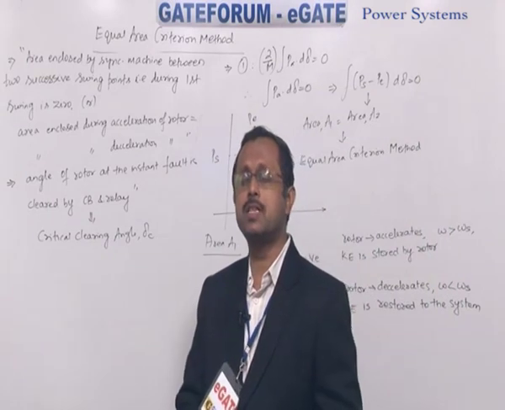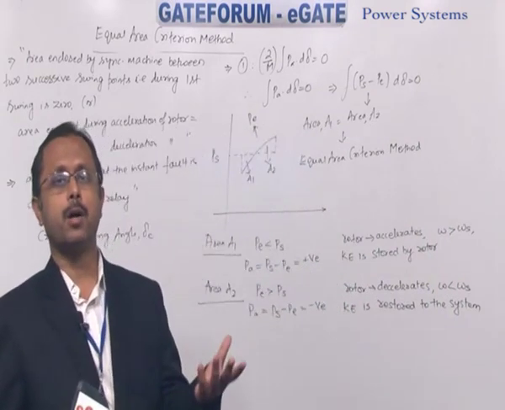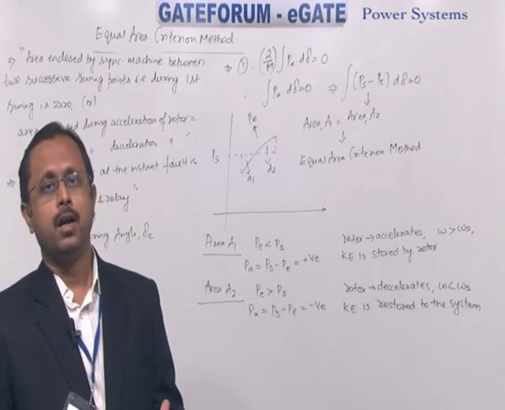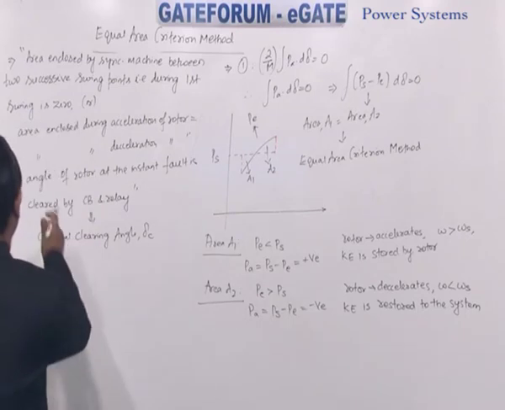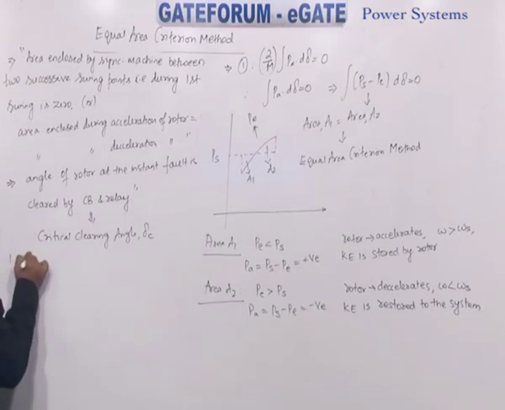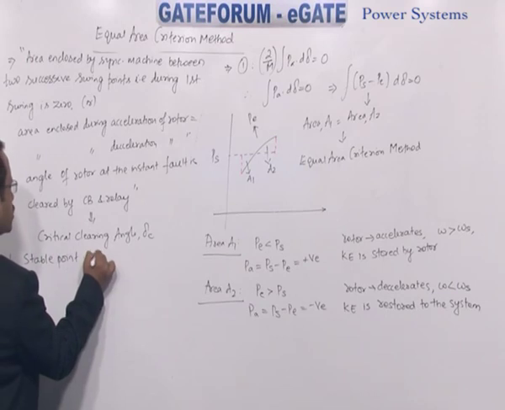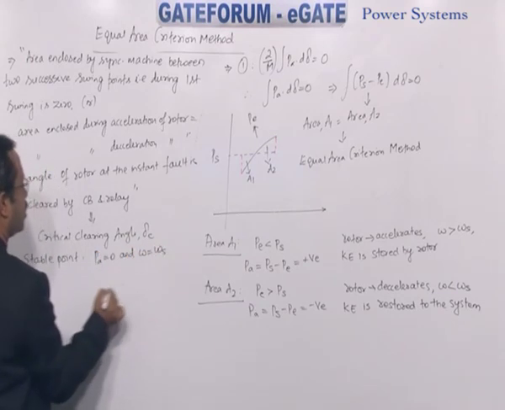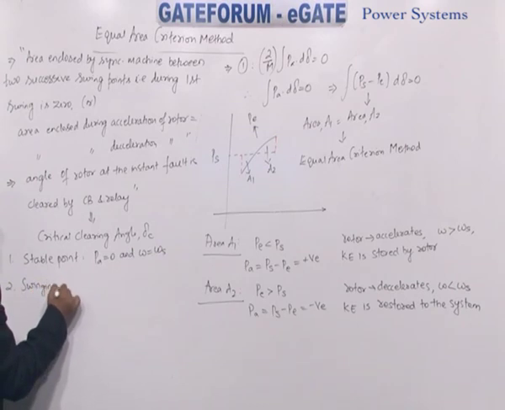Now we have the assumptions of the equal area criterion method, that is, when you say stable operating point or swinging operating point, and how the delta change is influenced. First one is the stable point: PA equal to 0 and omega equal to omega S. And what about the swinging point?